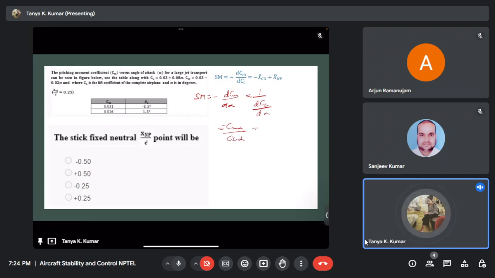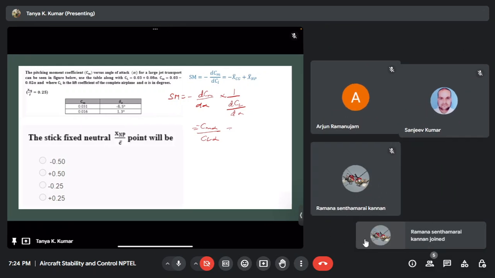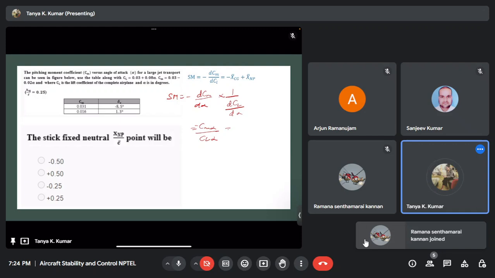Then you have those two variations, then you can do it easily. Cm alpha and Cl alpha are given to you directly in the question. You can find out the slope, and xCg is given to you in the question. You just have to find out x bar NP.